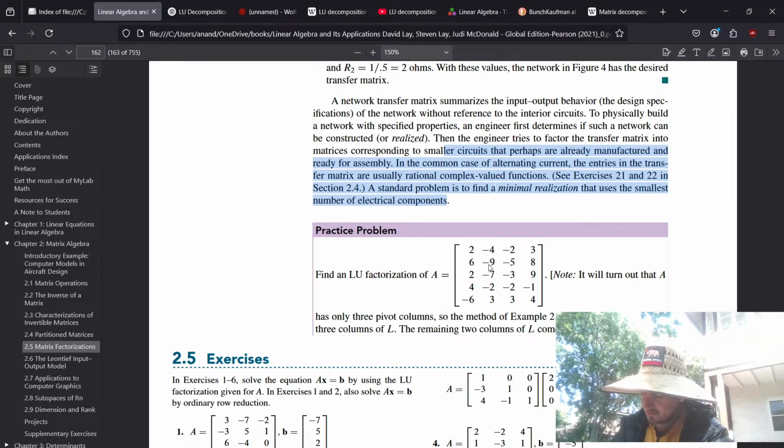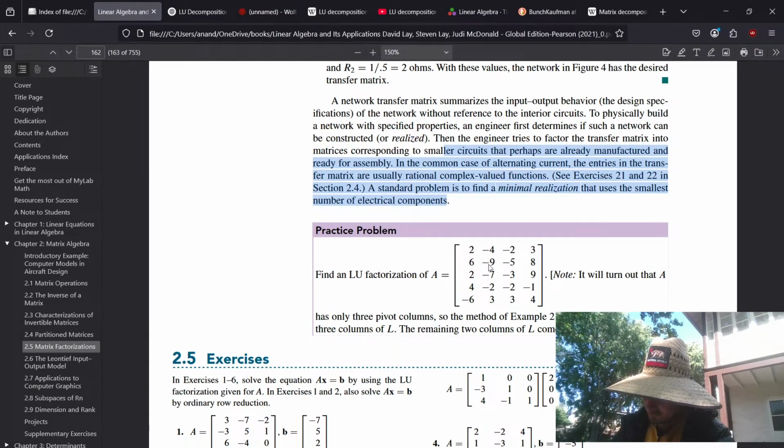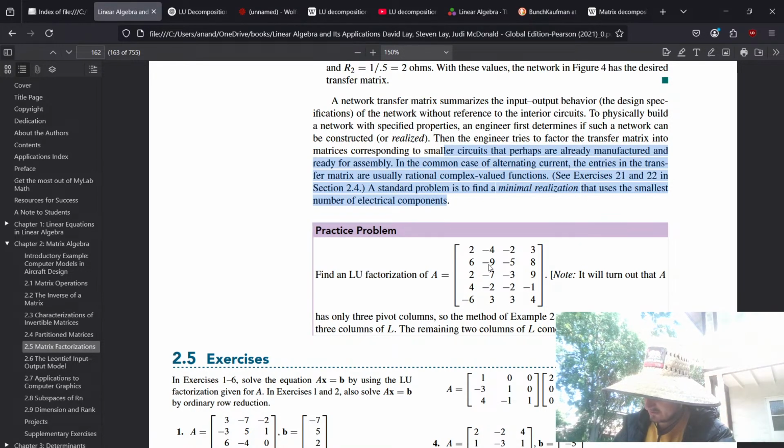Because it's going to be R2 equals R2 minus 3R1, which is 6, minus 12, minus 6, 9, plus 6, minus 9.